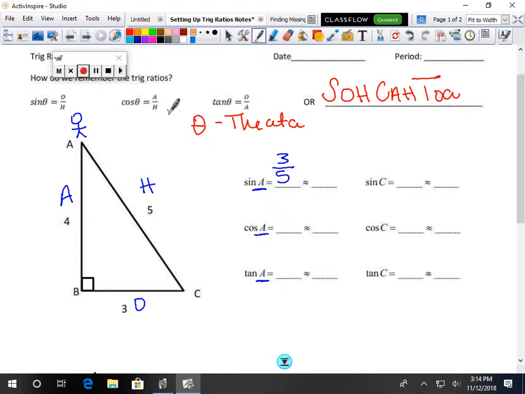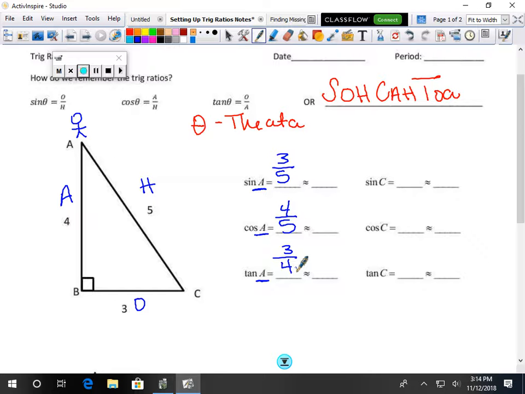Cosine is adjacent over hypotenuse, so cosine of angle A would be 4 over 5. And then the trig function tangent is opposite over adjacent, so tangent of angle A would be 3 over 4.